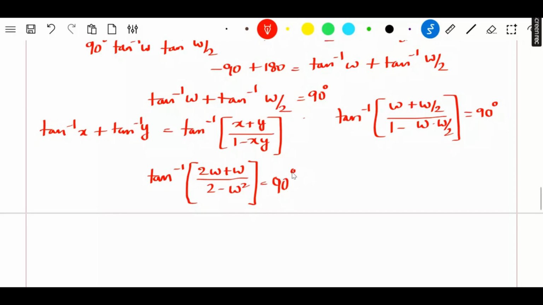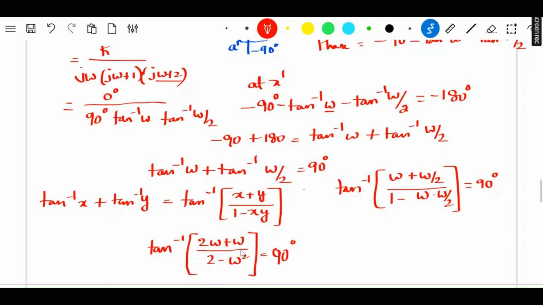So this becomes tan inverse of 3 omega by 2 minus omega square equals 90 degree.